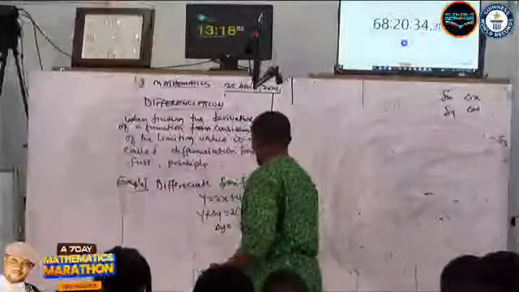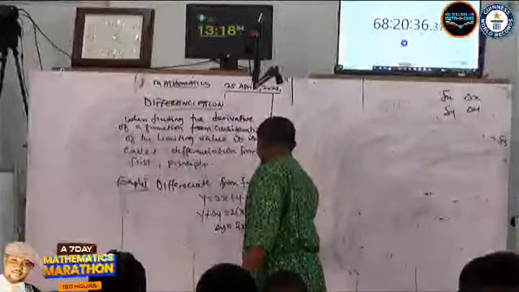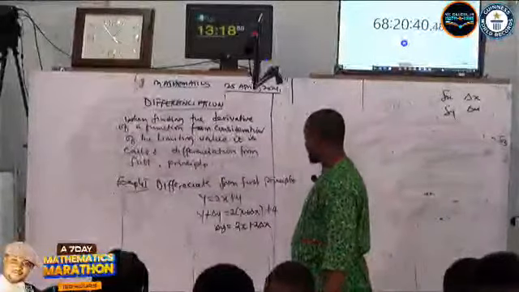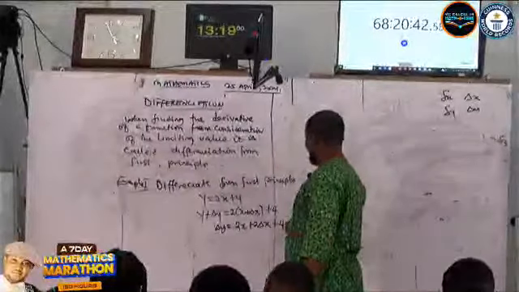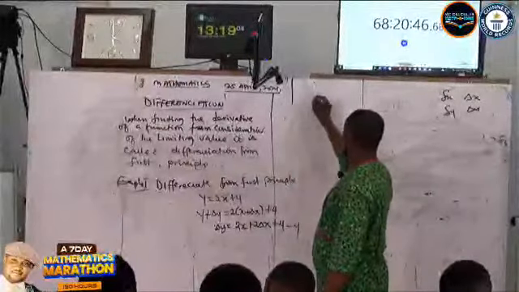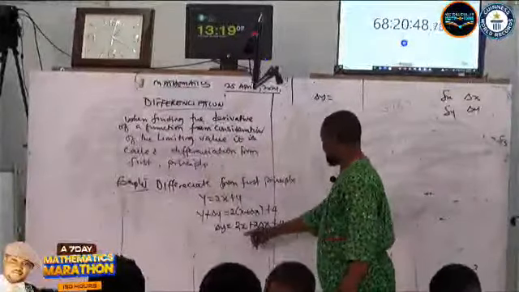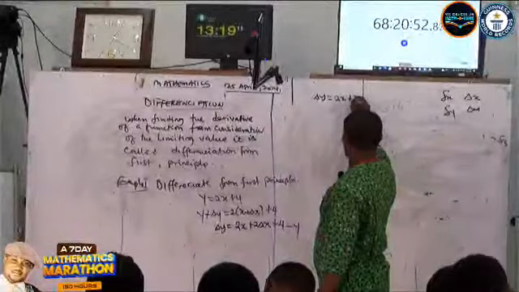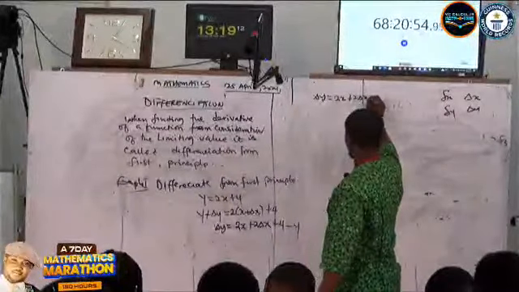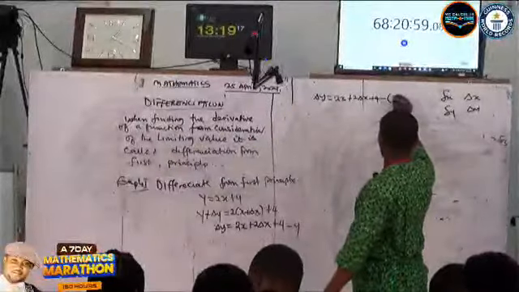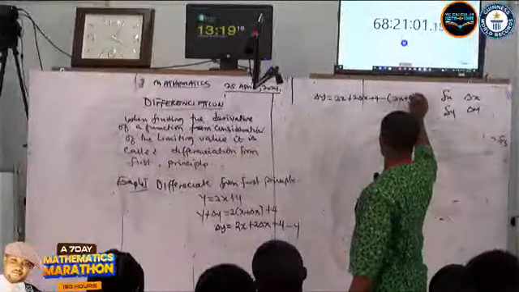So, yes, open this, what do you have? 2x plus 2 change in x, right? Plus 4 minus y. This y crosses to the other side. So that my change in y will now be equal to what? 2x plus 2 change in x plus 4 minus, replace y, 2x plus 4.